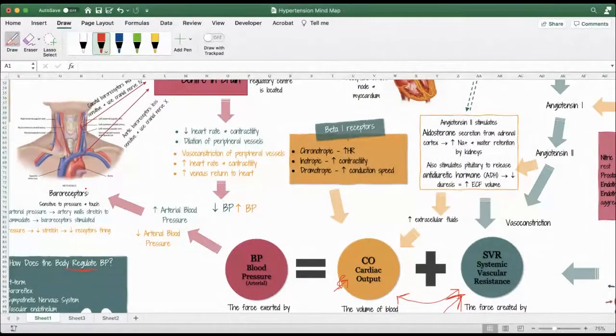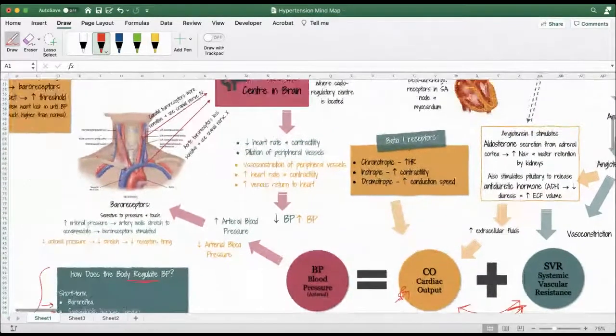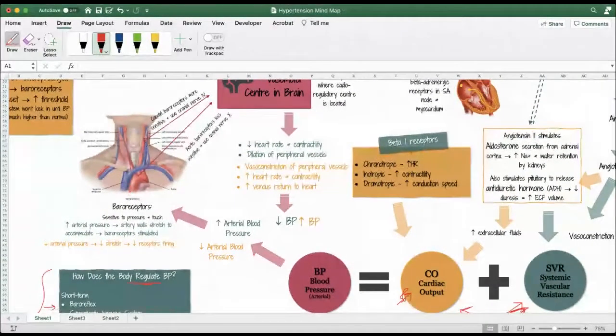baroreceptors, okay? So inside the aorta, the aortic arch, and the carotid arteries, you have these little things, these nerve endings. They're called baroreceptors. They are very, very sensitive to pressure and touch.